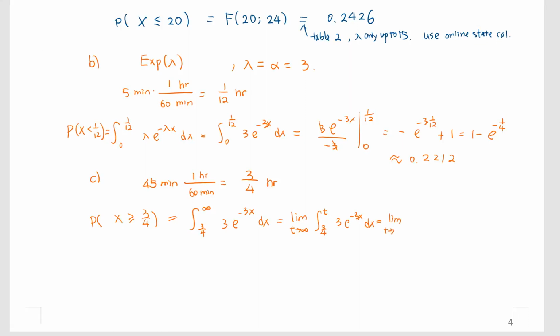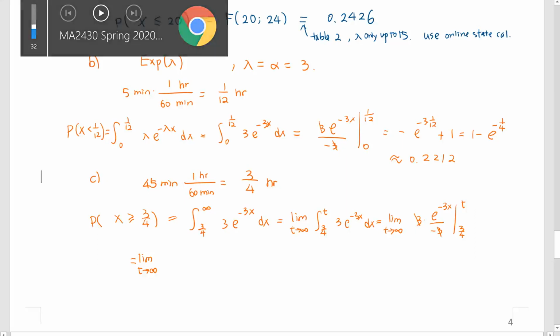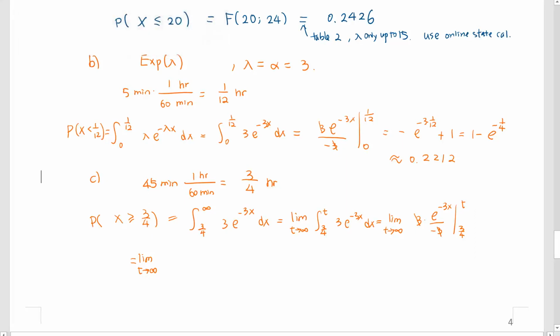This is an improper integral, so we cannot plug in infinity. Infinity is not a number, it's a process, so we let the limit as t goes to infinity. Let's integrate: 3 e to the minus 3x over negative 3, evaluated from 3/4 to t. The 3 cancels. We have the limit as t goes to infinity. What is that?